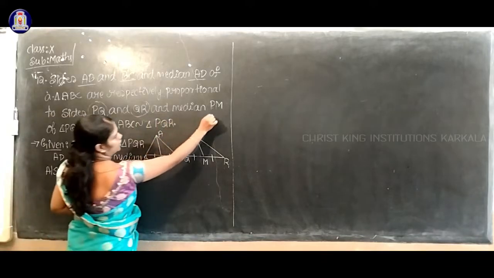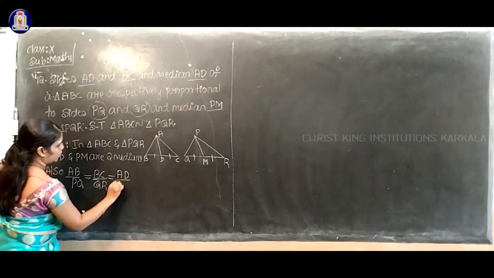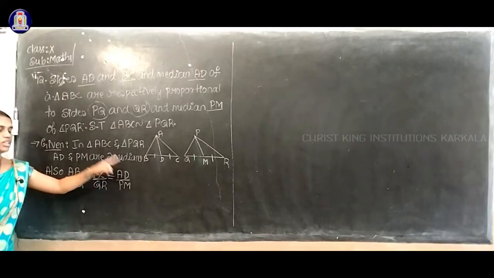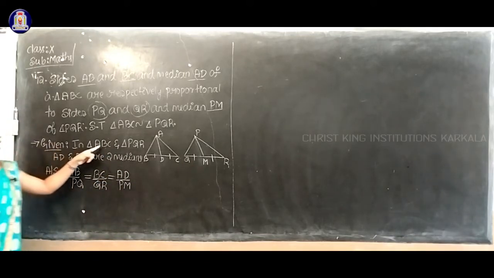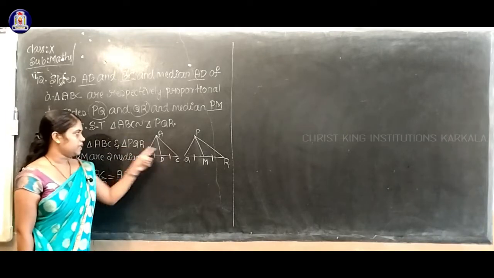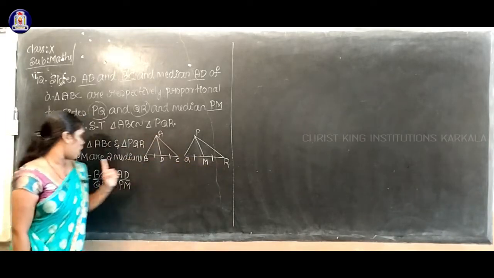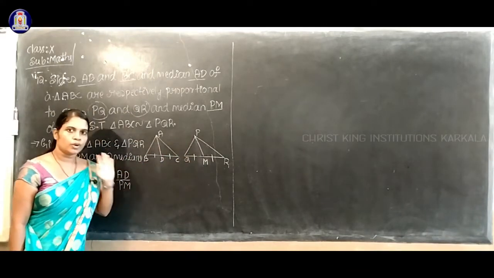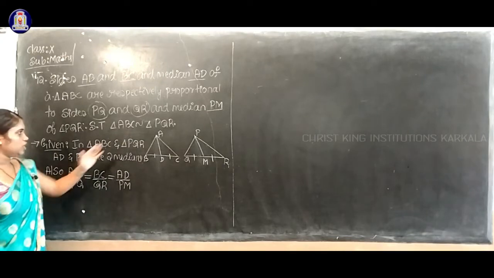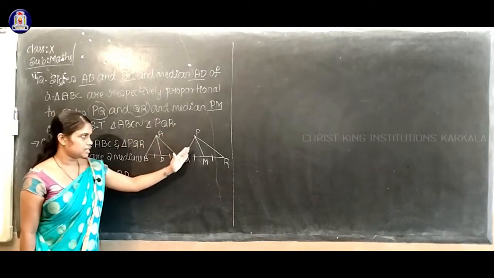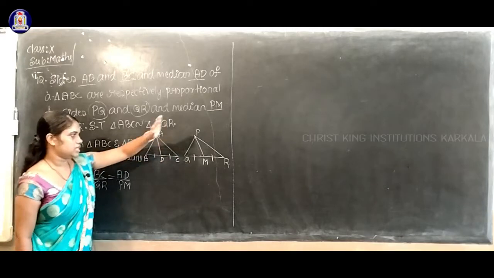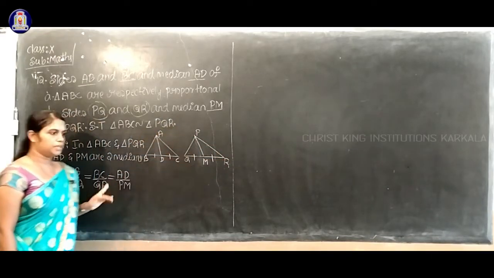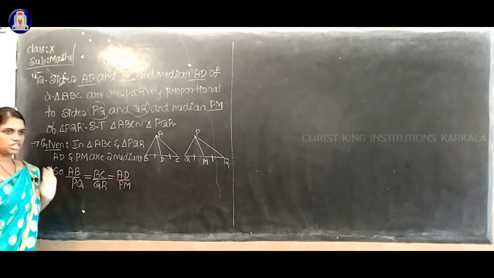What is that other median? That is PM. Understood now? In triangle ABC and triangle PQR, AD and PM are the two medians. Also side AB and side PQ, side BC and side QR, and median AD and median PM are proportional. This is what they have given.